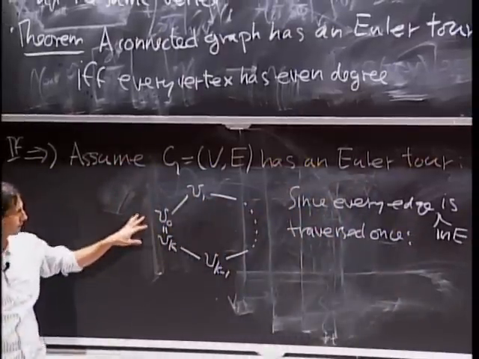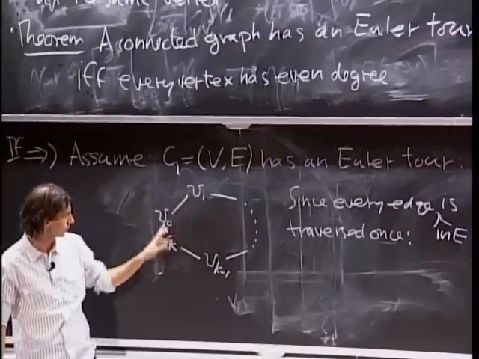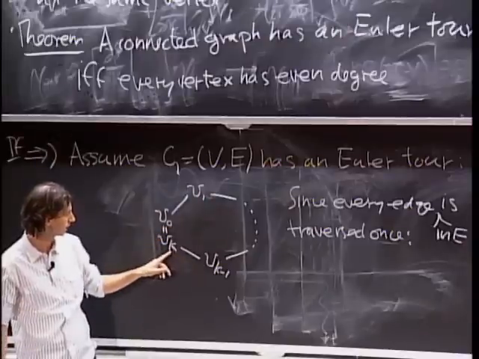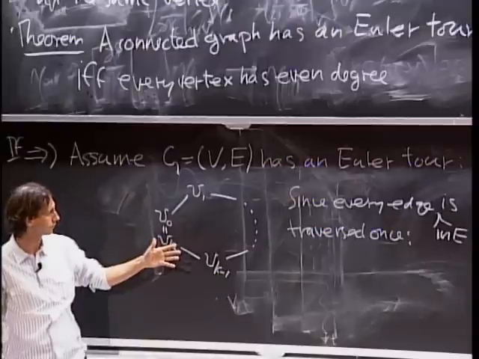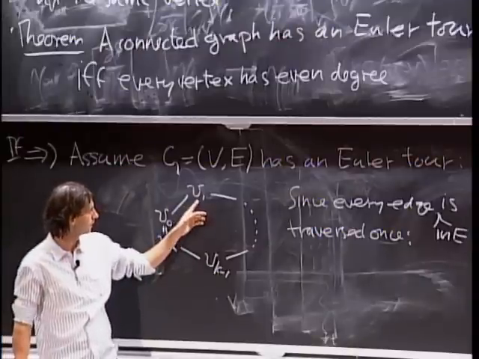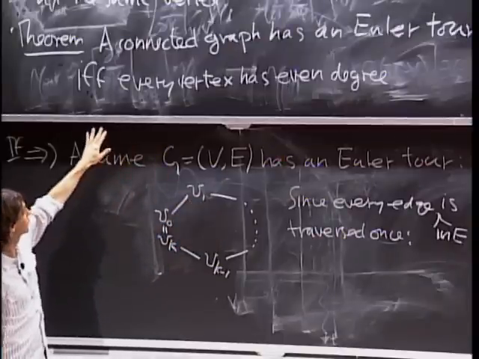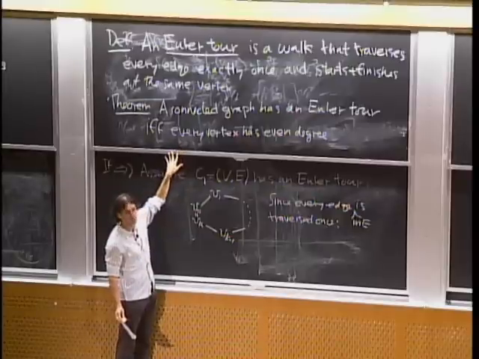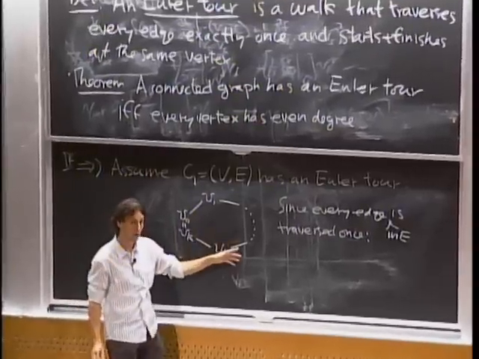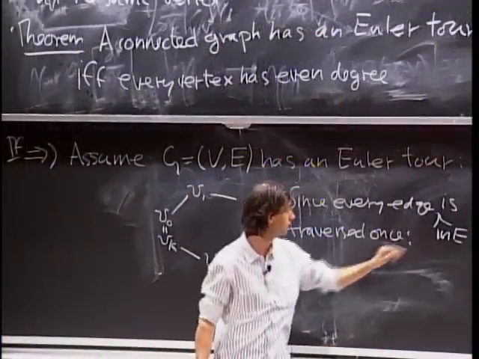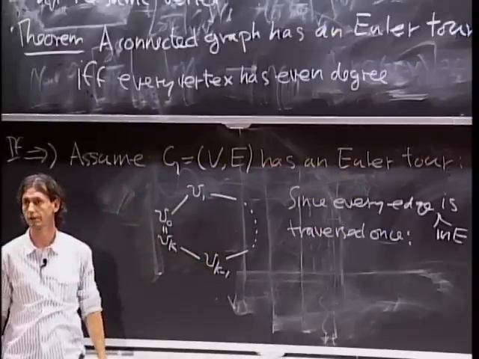Can we say something about, given such a cycle, such a cycle of length or walk of length k, what can we say about the number of edges, for example? What can we say about the degree of the vertices? Because that's what we want to show, right? We want to show that every vertex has even degree. Does anyone know how to go ahead here? So we know that every single edge in E is traversed once within this whole walk. So what kind of properties can we derive?